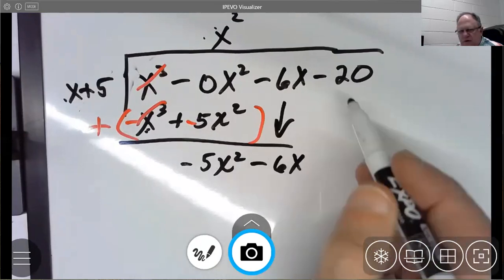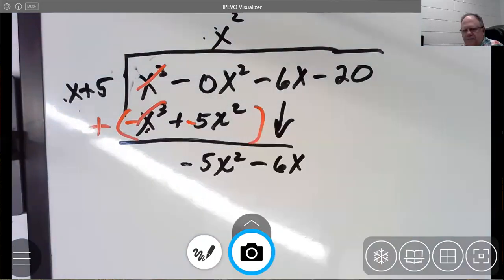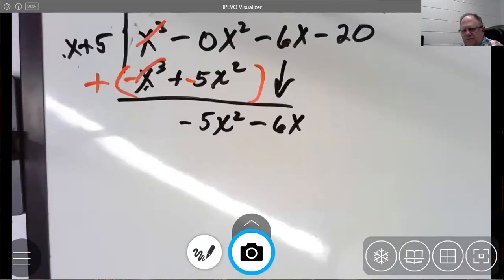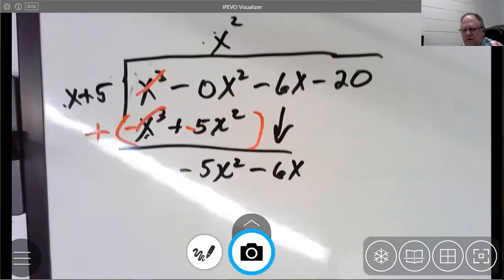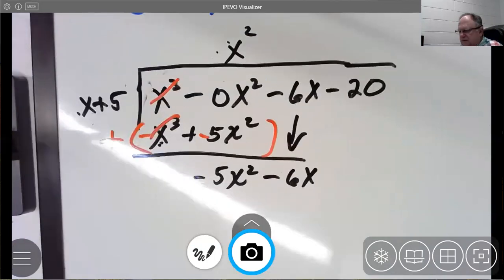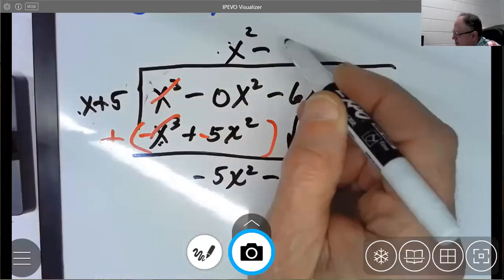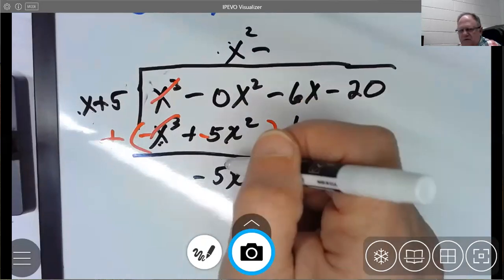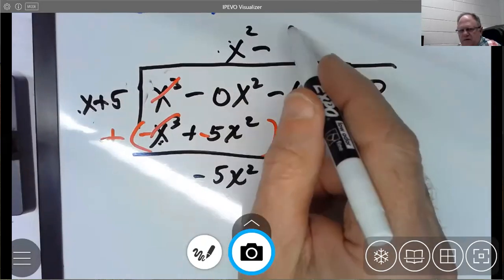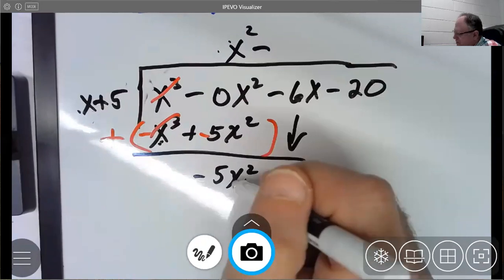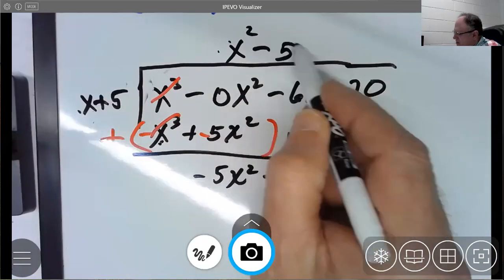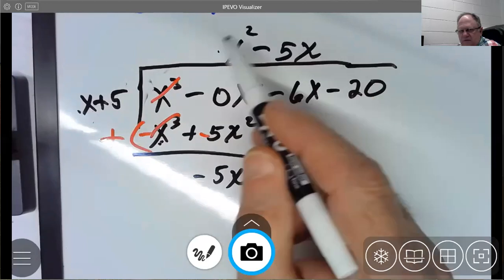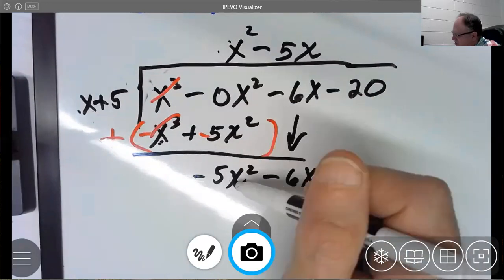Here, this starts off with a negative, so our quotient has to have a negative in it. And so we ask ourselves, what times x will give us 5x squared? Well, minus 5x, because minus 5x times x will give us a minus 5x squared.